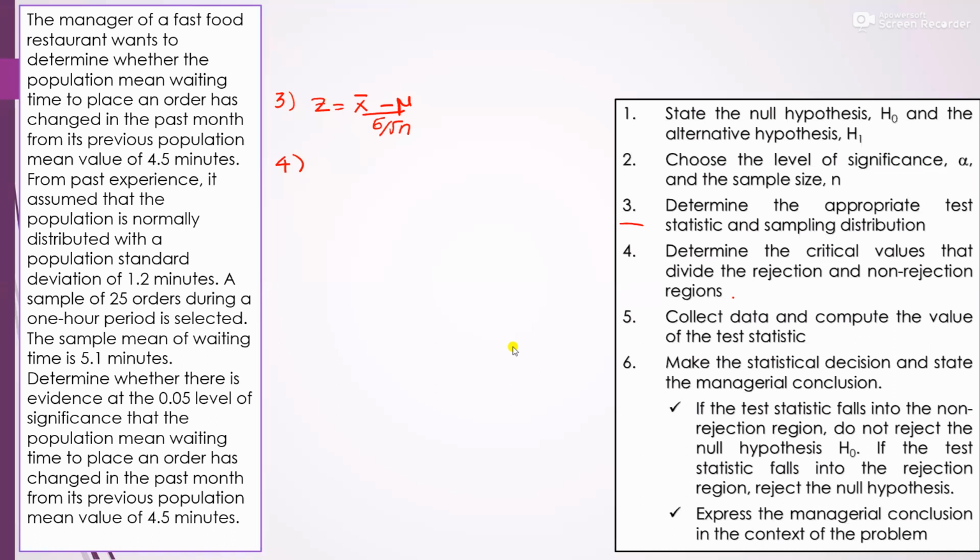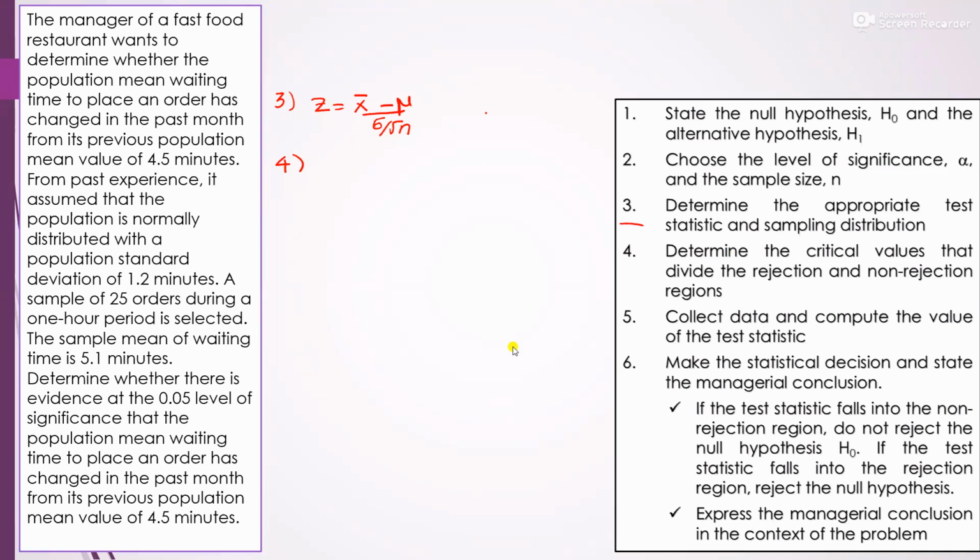These unlikely values form a region, and that region is called the rejection region. To determine the rejection and non-rejection regions, we need the knowledge of the alternative hypothesis, right?